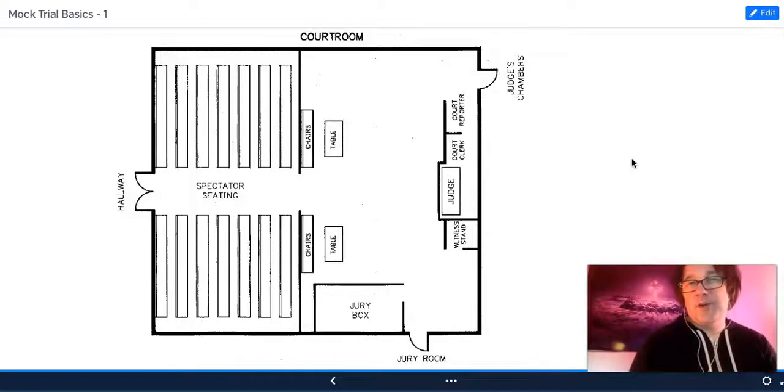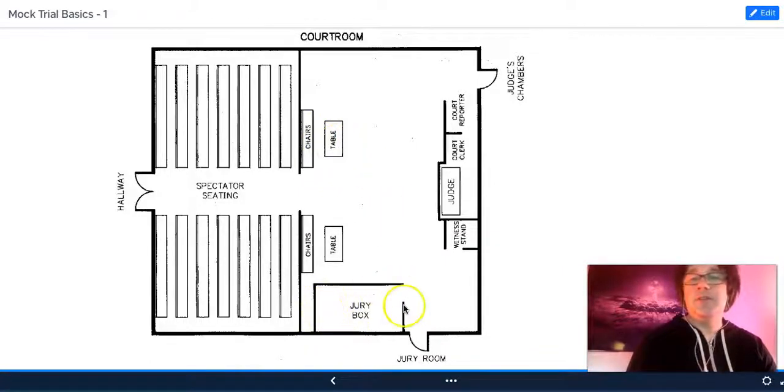So this is just a diagram of a typical courtroom, how the layout is set up. We're not going to have to worry about this for this semester, but typically you would have the prosecution table over here and the defense over here. So the defendant and his or her lawyers would be sitting here, and the prosecution lawyers would be sitting at this table.